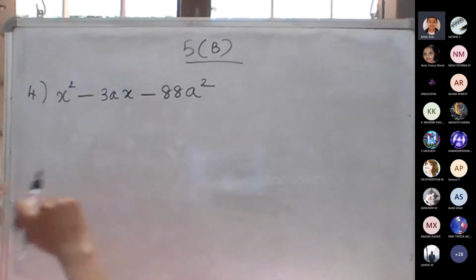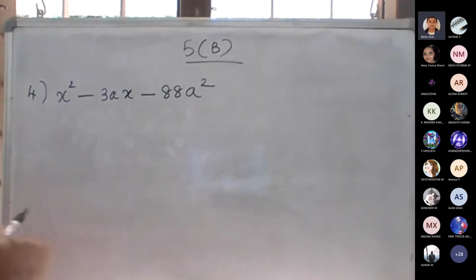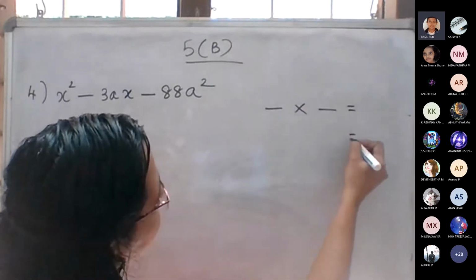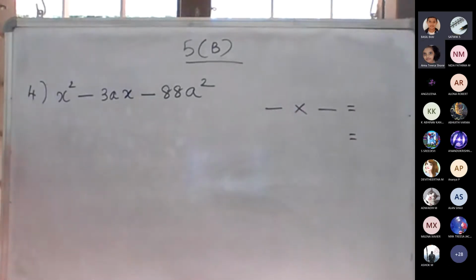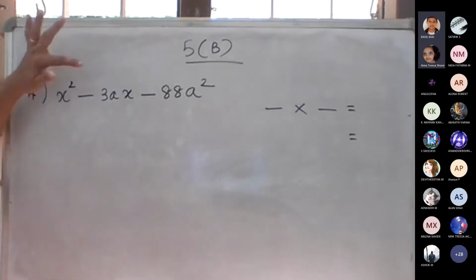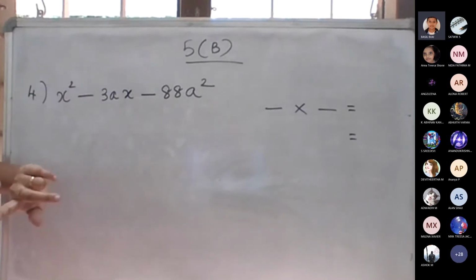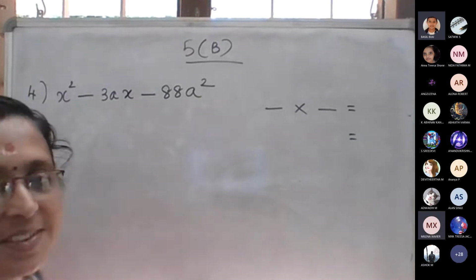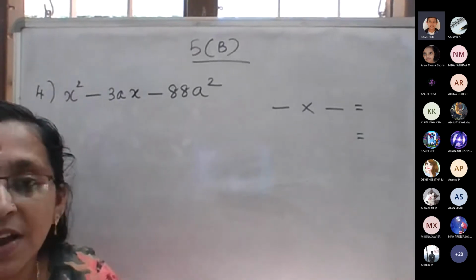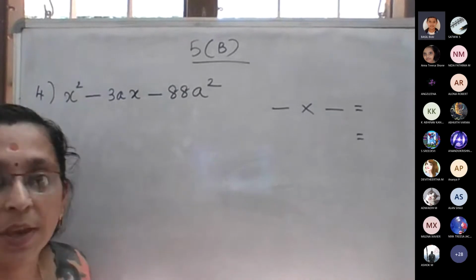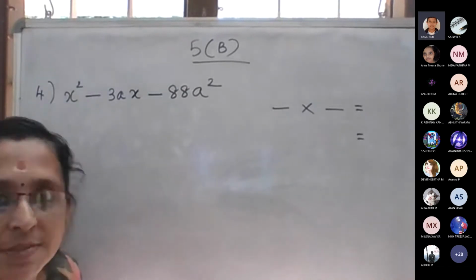So think. Dash into dash should be what? Negative 3, negative 88. We are thinking about the x square term, the x term, and without x.